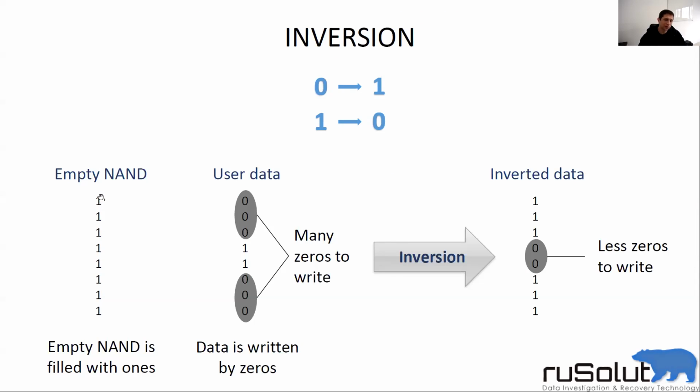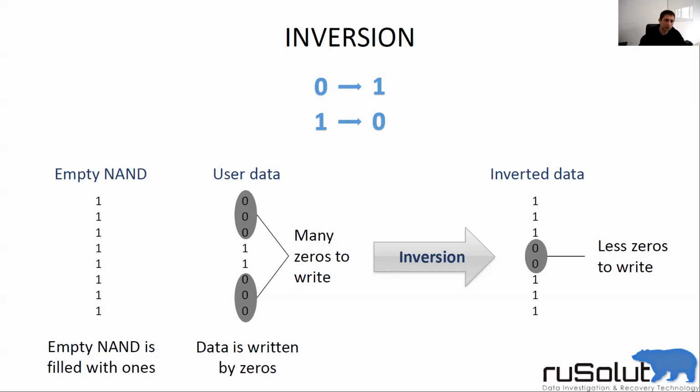So unlike hard drives, empty NAND has ones instead of zeros. For example, when you buy a brand new hard drive, it will be filled by zeros only, and empty NAND consists of ones. It's the thing of the NAND devices.